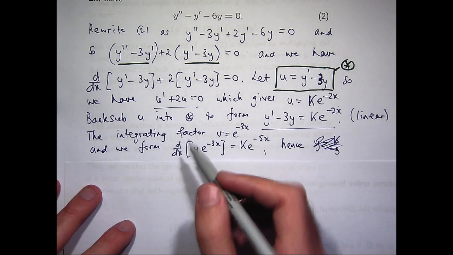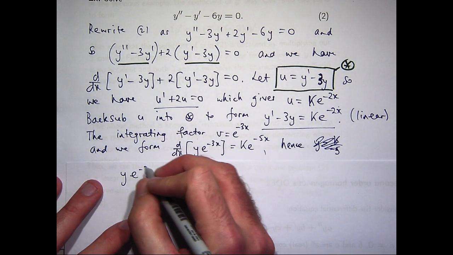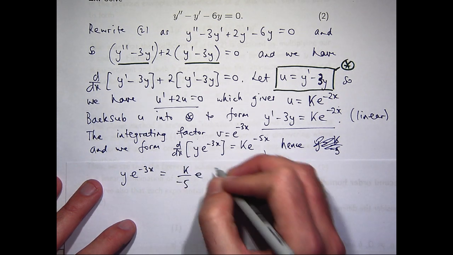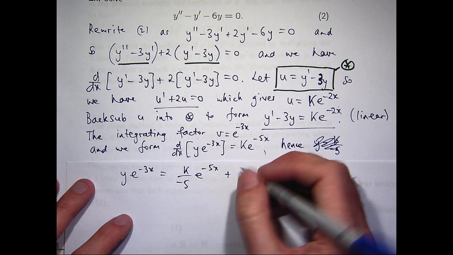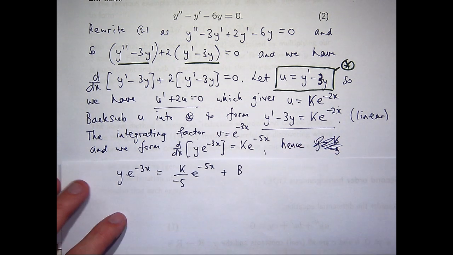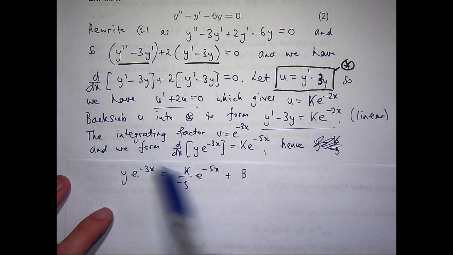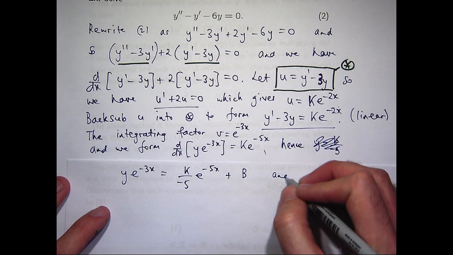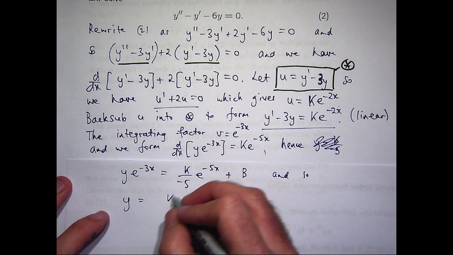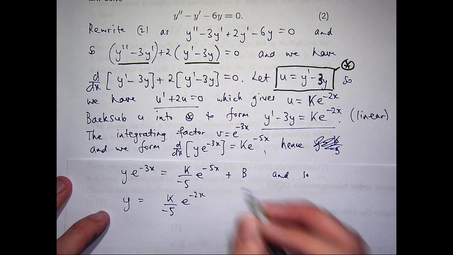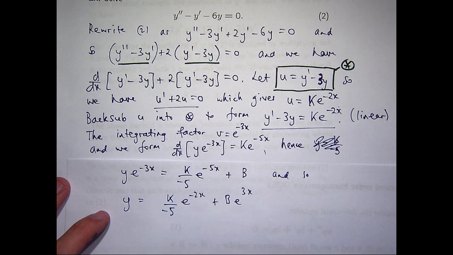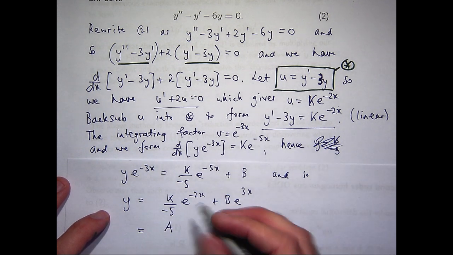If I integrate here, I'm going to get something like, plus some constant, let's say b, an integration constant, and then let's just bring this to the other side. So I have y. When I bring this to the other side, I'll get something like this. Now let's just make this constant a bit nicer, and I'll write it in terms of a and b.